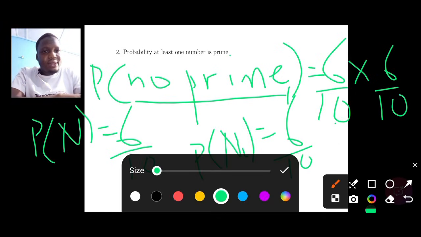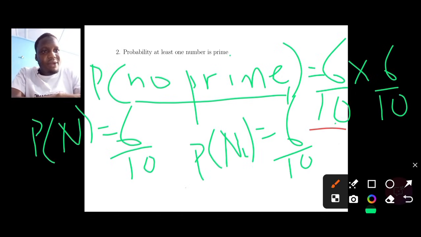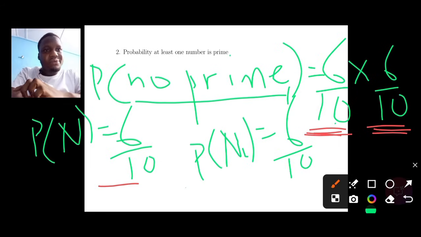This is the probability that the first one is not prime. This is the probability that the second one is not prime. As we saw, we have 6 numbers that are not prime out of 10. So the probability of not getting prime is 6/10. For the second one, the probability of not getting prime is 6/10.